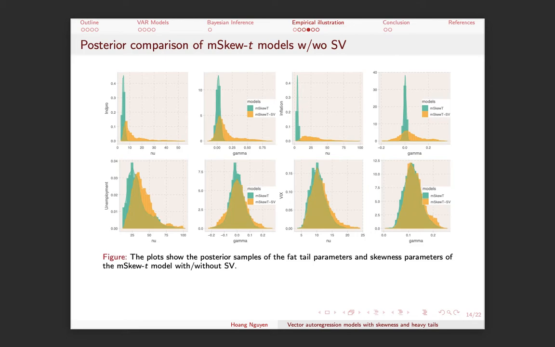And we reach an important message that if we have stochastic volatilities, the fat tails become less important, but the skewness becomes more significant. And here we also see very similar things for inflation. Here we'll see that before the skewness parameters go around 0, but now it fluctuates more and it becomes more significant in this case.